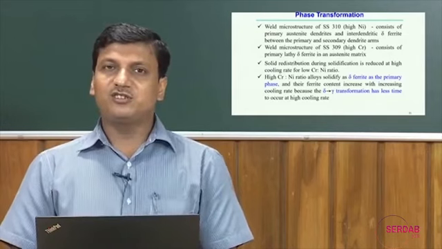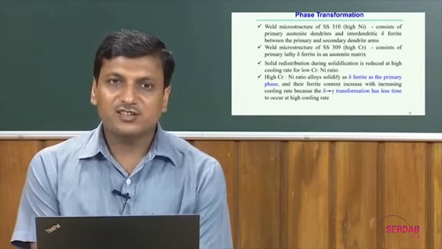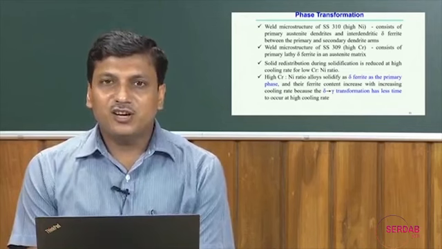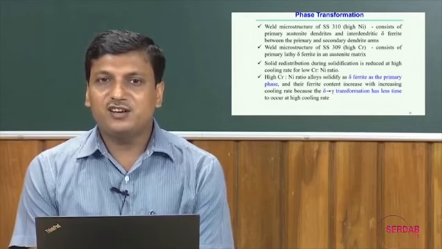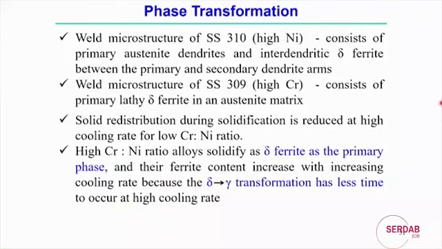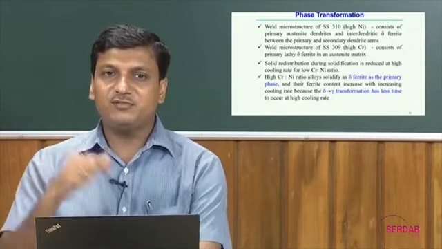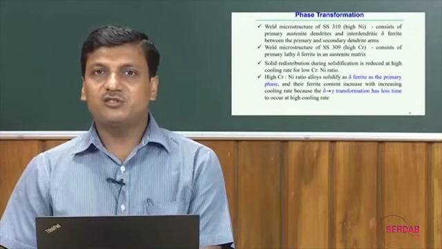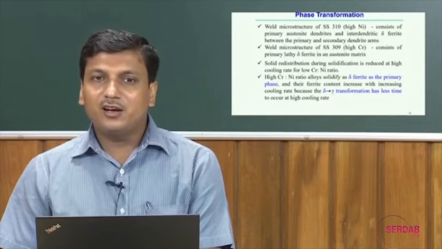making a homogeneous structure. Next, let us look at the stainless steel with high chromium, SS309, where the chromium content is very high compared to the nickel content. The microstructure consists of primary lath type delta ferrite in an austenitic matrix.